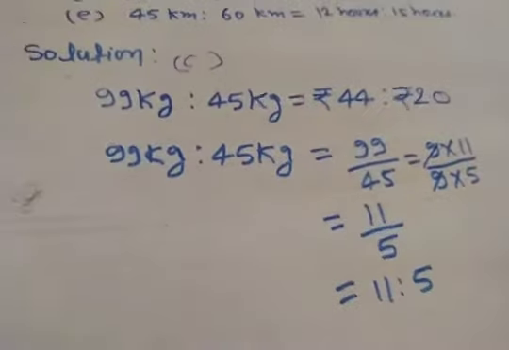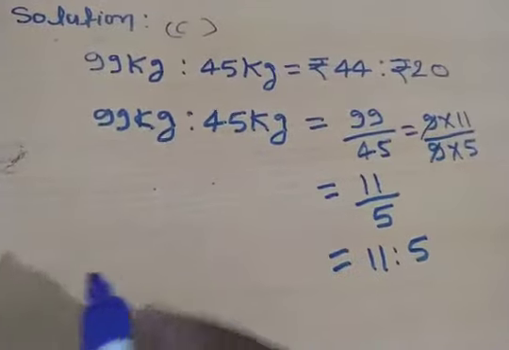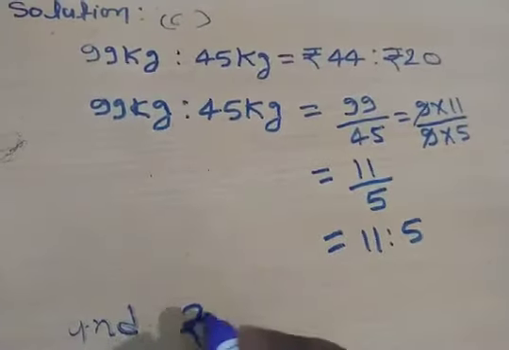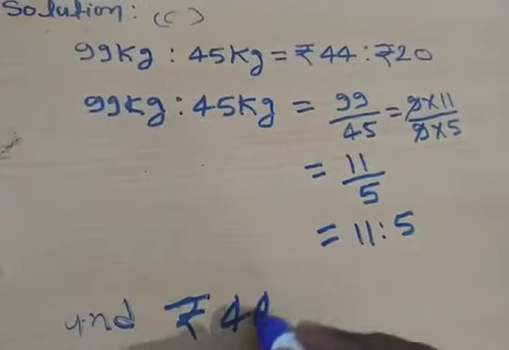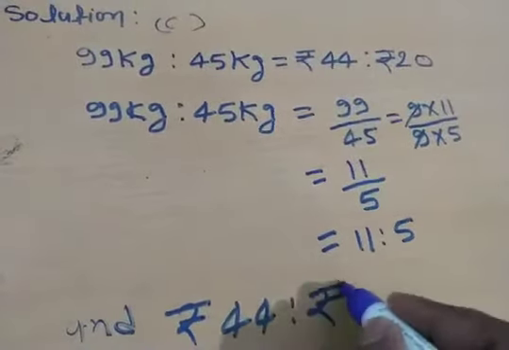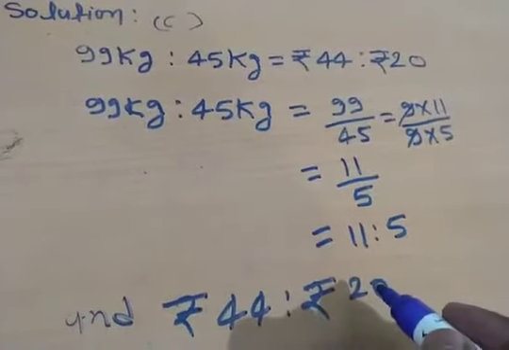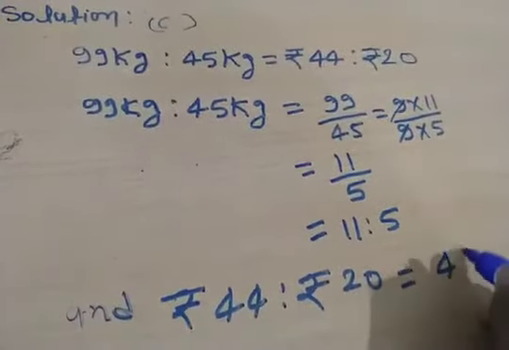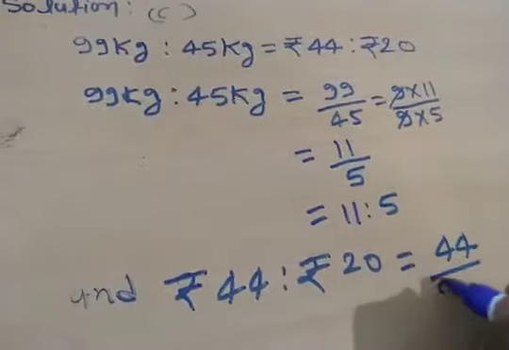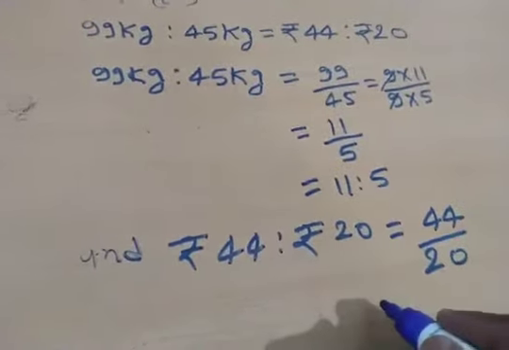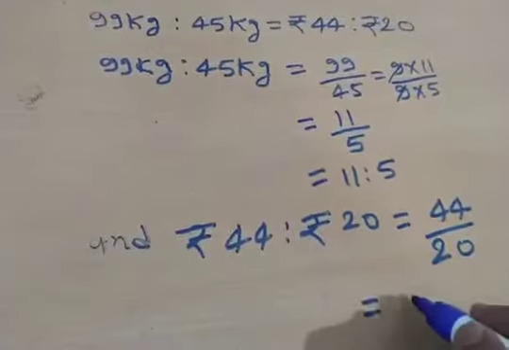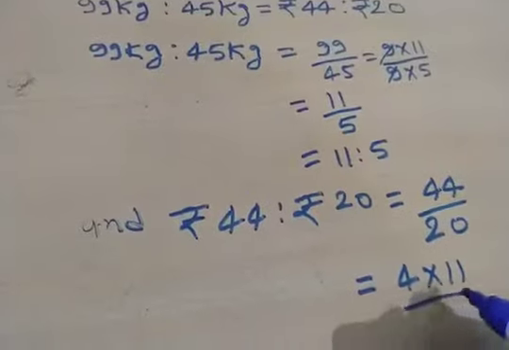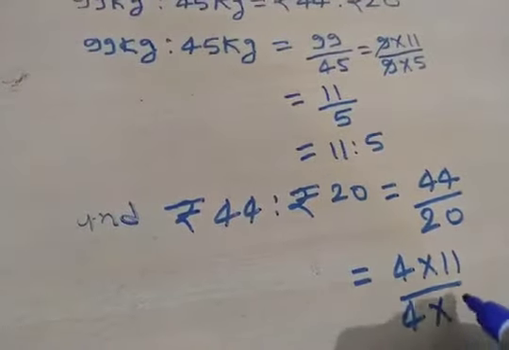Clear? Now the right hand side of this statement, 44 ratio 20. You can write it 44 by 20. Clear? Also you can write it 4 into 11, 4 times 11 is 44, and 4 times 5 is 20.